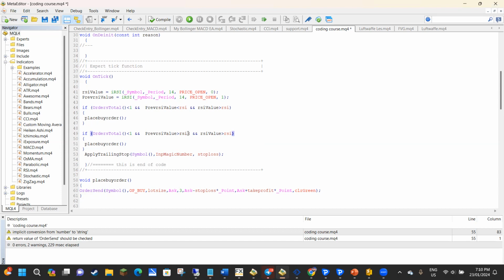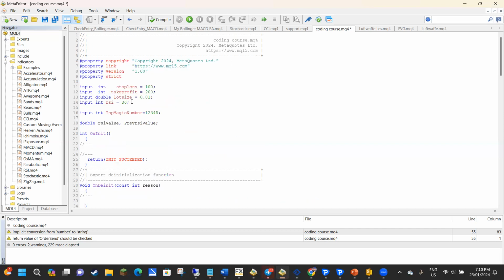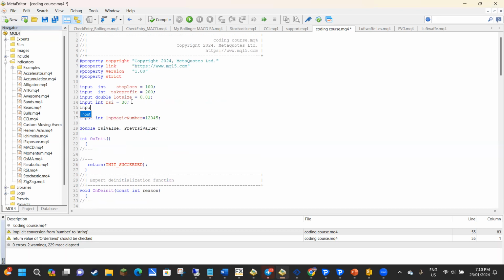We'll call that high for RSI high, and then it needs to go back down underneath RSI high, which just means we need to stick in a second user input up here.